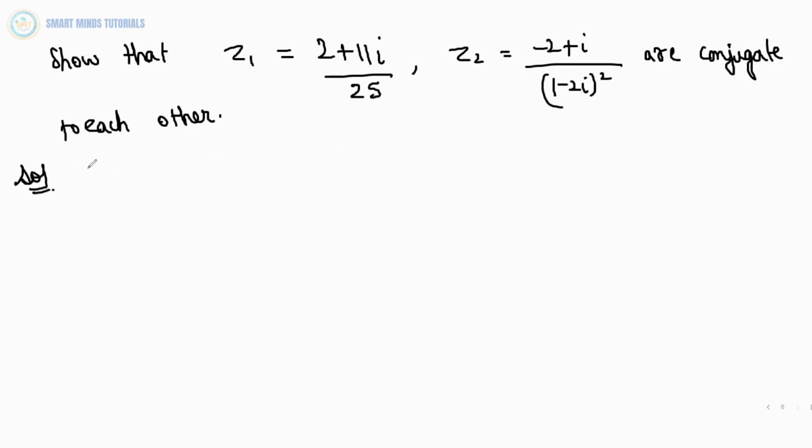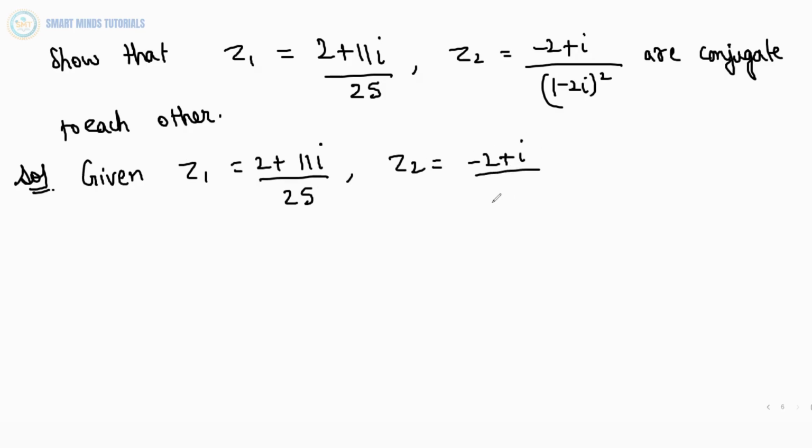Okay, so first we will write both the complex numbers. Given Z1 is equal to (2 plus 11i) by 25 and Z2 is equal to (minus 2 plus i) by (1 minus 2i) whole square. So first we will take Z2 and solve it. Minus 2 plus i by (1 minus 2i) whole square.